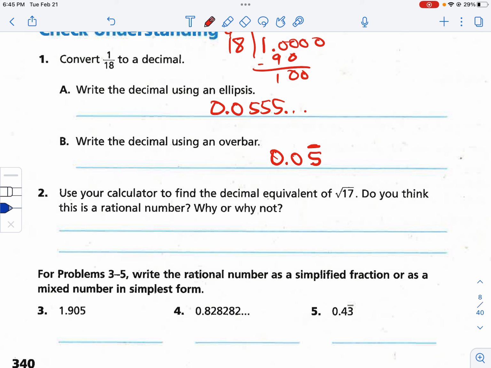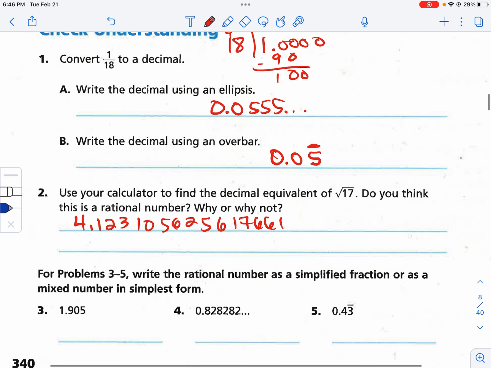If you have one of the more advanced ones, you hit the square root button, then put the 17 in. So, 4.123105625617661.